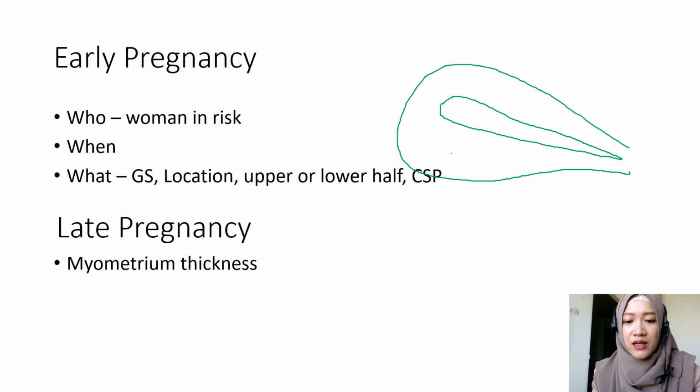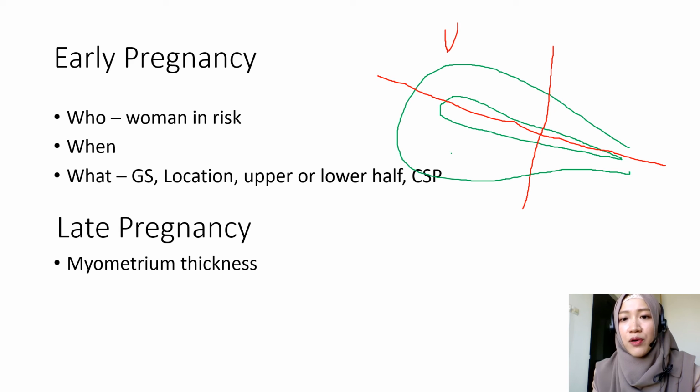Then make an imaginary line from the fundus to the external os of the cervix and divide it in half like this, and this will be the upper quadrant, and this one will be the lower quadrant.